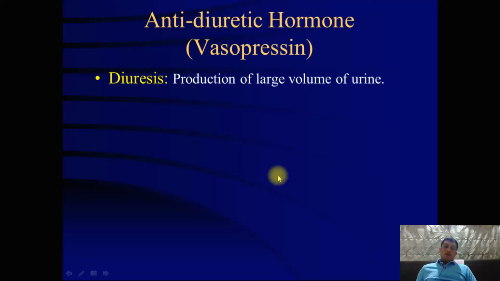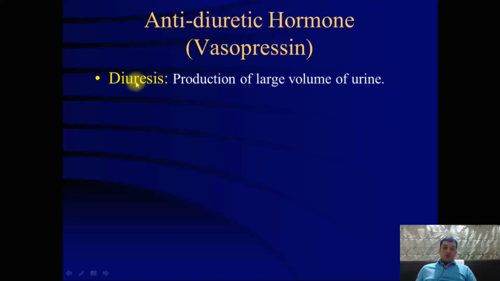So the first hormone of the posterior pituitary gland is antidiuretic hormone. Antidiuretic hormone is also called vasopressin. First, let's try to understand what antidiuretic hormone is and what its effects are. As it is named, it has an antidiuretic action, so you need to understand what diuresis is.